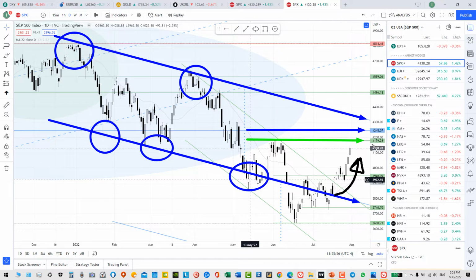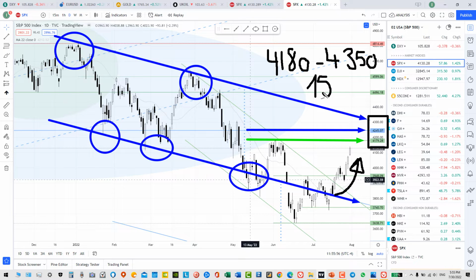So we can notice that the index is going to face a triple resistance zone ranging from 4,180 up to around 4,300, maybe 4,350, which means that the thickness of this area may be around 150 points, and the outlook is bearish as long as the index is within this area.